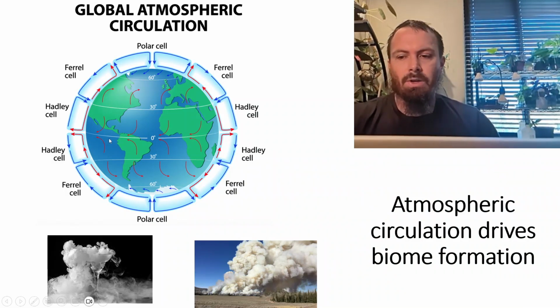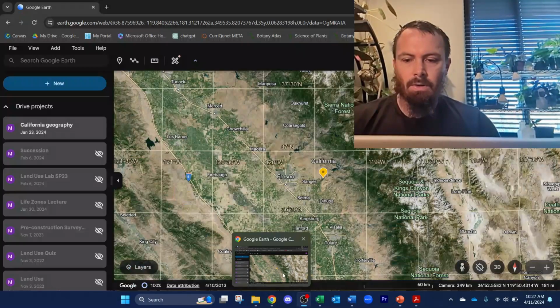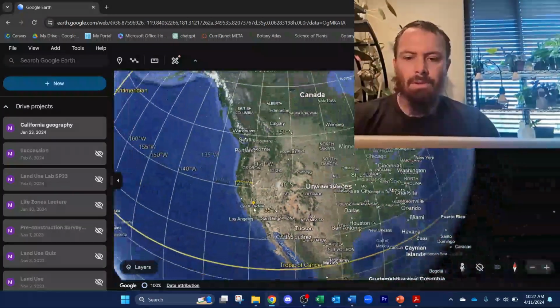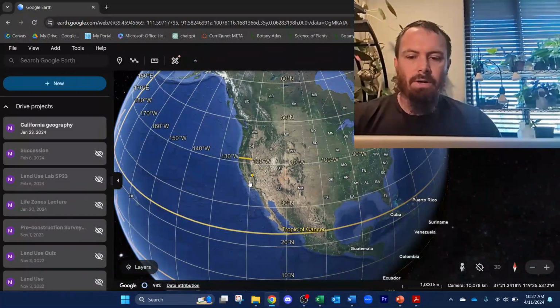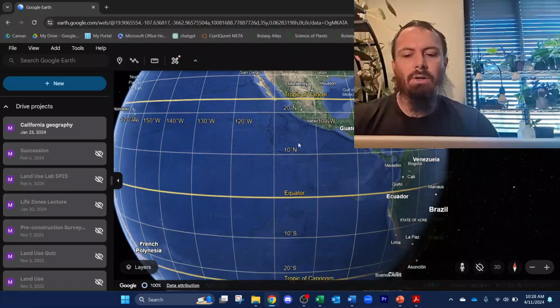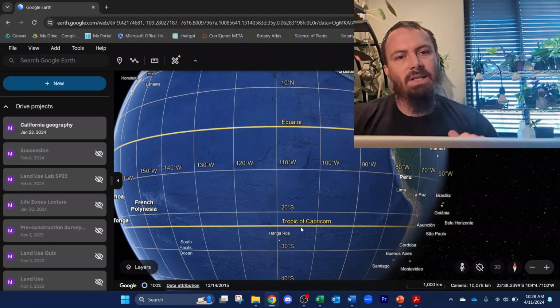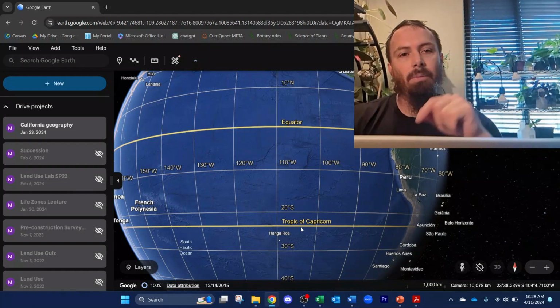So we're going to start here at 0 degrees. The reason why we're going to start at 0 degrees is because that's the part that gets the most sunshine. So if we go back to our map, here's California, right? Here's 0 degrees. Here's the Tropic of Cancer, and here's the Tropic of Capricorn. Now, those describe the northern and southern extent of where the sun will be directly above.